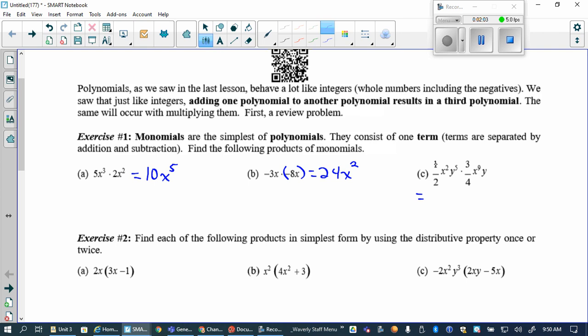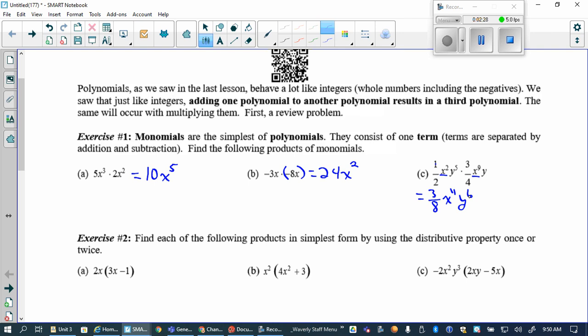So 1 times 3 is 3 over what? 8. Okay? X to the what? X squared times x to the 9th. X to the 11th. Y to the 6th. Okay?